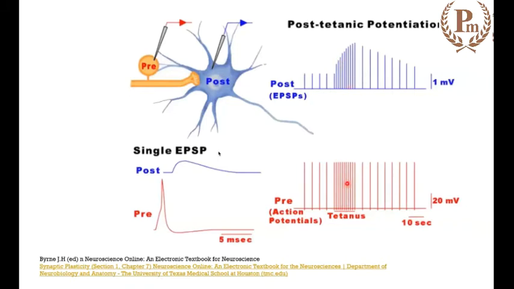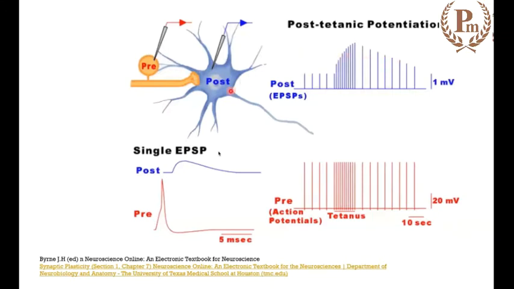Then a situation comes where we again come back to the normal volley, the same normal volley of action potentials as the previous one. But what has happened? Here we find that we still have an increase in the height of the EPSP. What does this mean?